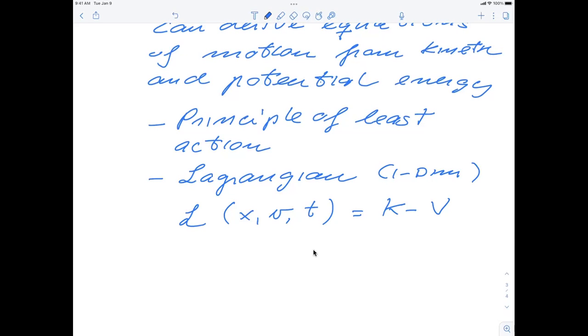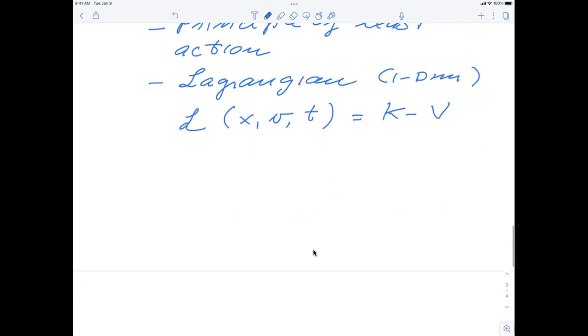So let me set up the Euler-Lagrange equations. And I'm going to give you the 1-dimensional case. So Euler-Lagrange equation. So when we are in 1 dimension, we have only x and the velocity in the x direction.